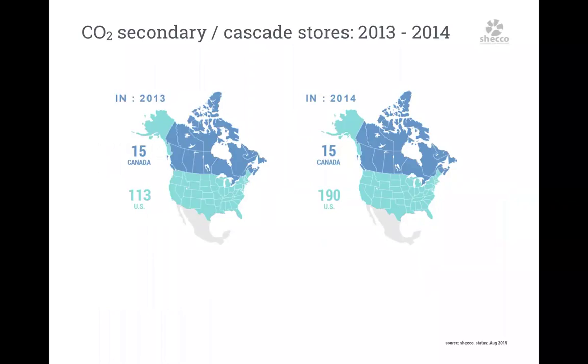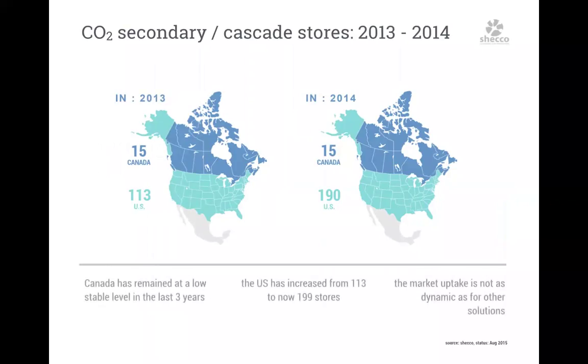And this is the situation 2013-2014, so we can see the steady market growth. Canada, as I was saying, has remained at a very low stable level in the last 3 years, so not really an uptake of CO2 cascade secondary systems. The US has increased though from 113 to 199 stores in the last 2 years. But generally speaking, market uptake is not as dynamic as for other sectors or other solutions.